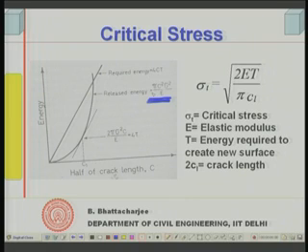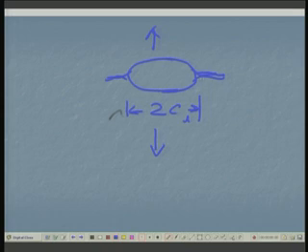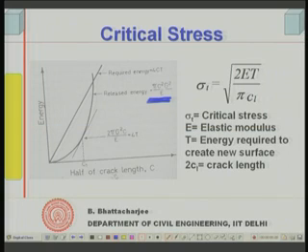Now, to create new surfaces, if the surface energy per unit area is T, for 2C length and unit thickness, since there are two such sides combined, you need 4CT energy. So, 4CT is the surface energy required and this is the strain energy.